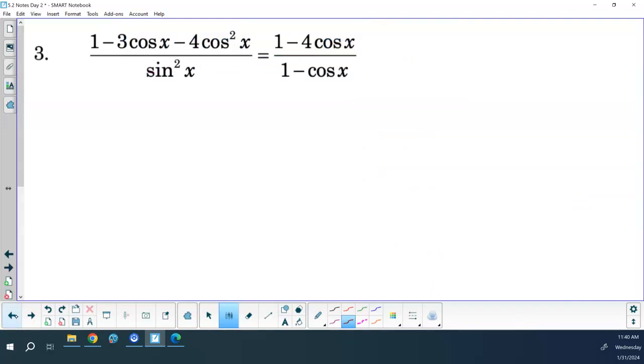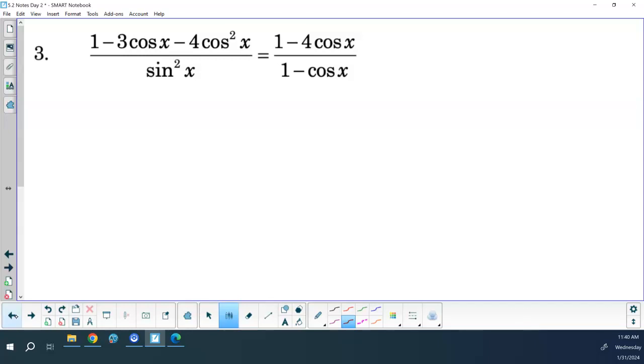Which side looks worse? Left side? Okay, I would agree that the left side looks worse. Go right side? Yeah. Because this one I know it doesn't matter.